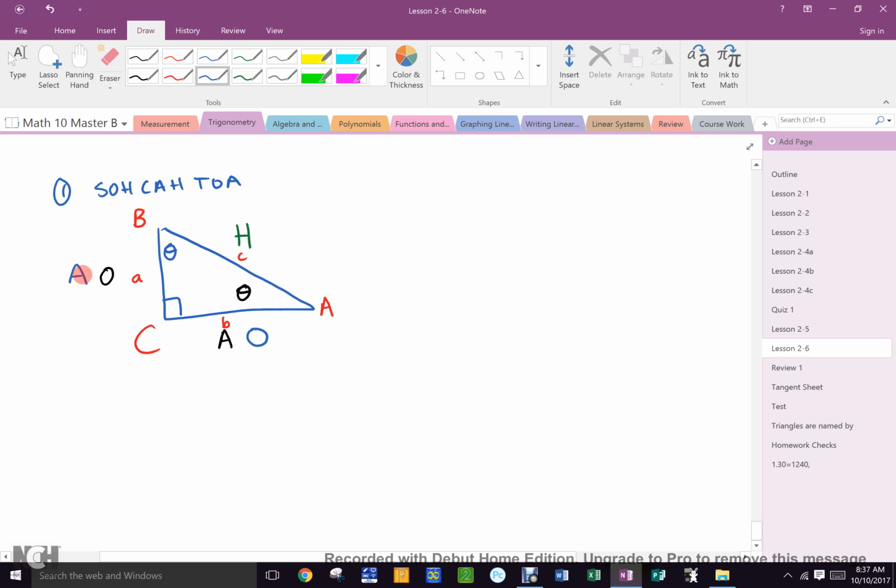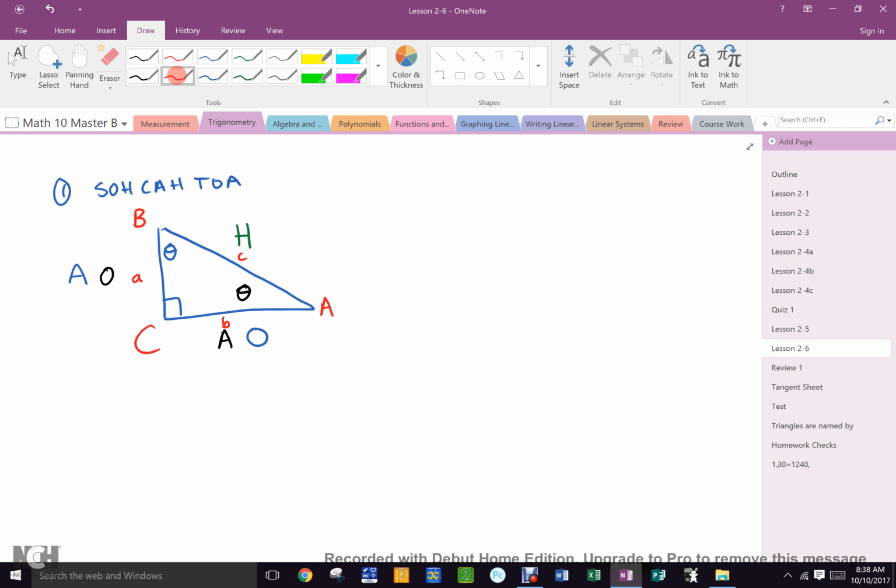Adjacent in blue. The hypotenuse is still green. Why? Carlin. Because no matter what you look at it from, the hypotenuse doesn't change. Absolutely right. The hypotenuse will never change. It is always the hypotenuse. The other two change depending on what angle you are using.